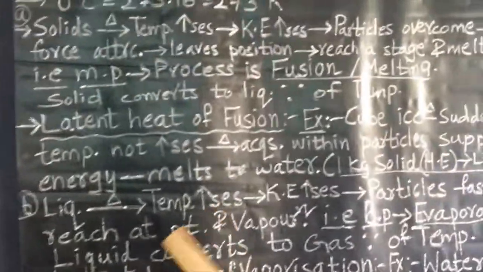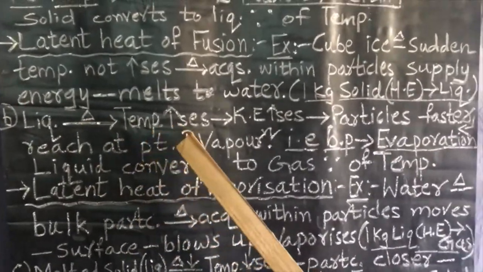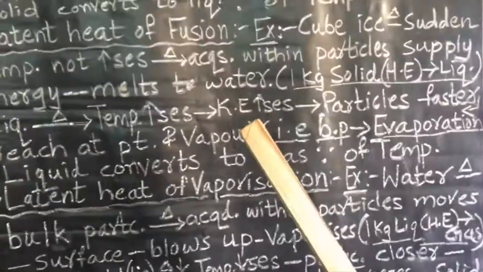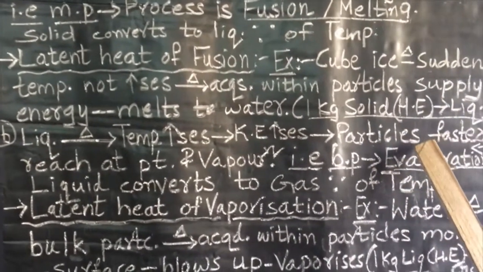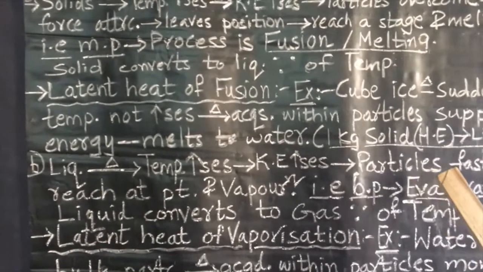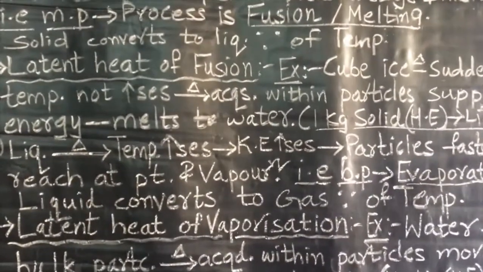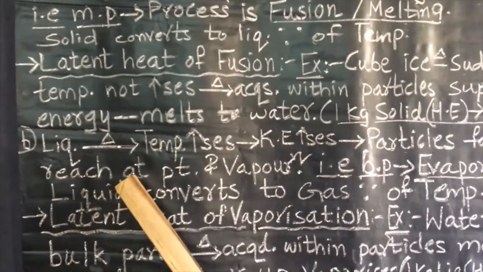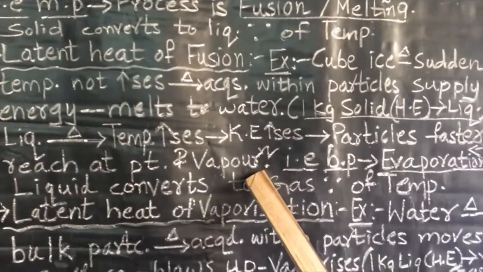Right? In the same way, when heat is given to a liquid, temperature increases, kinetic energy increases, and particles which have attraction force will start breaking that force and start moving much faster. And due to that, they reach a point and start vaporization. Right?